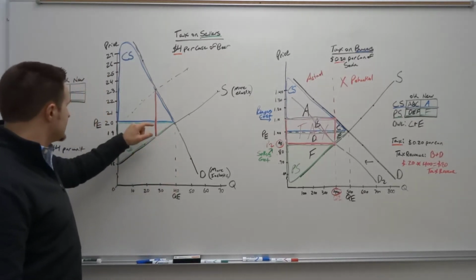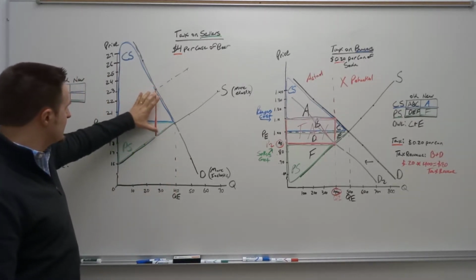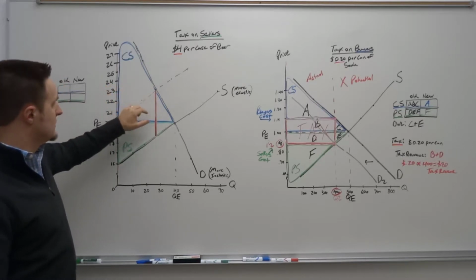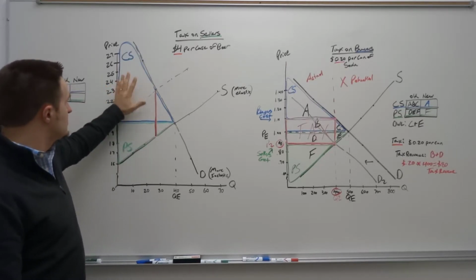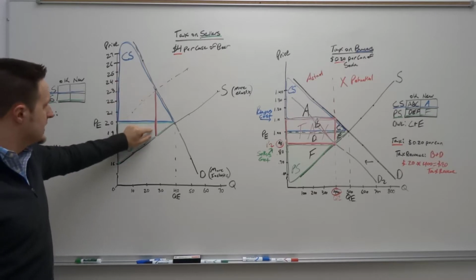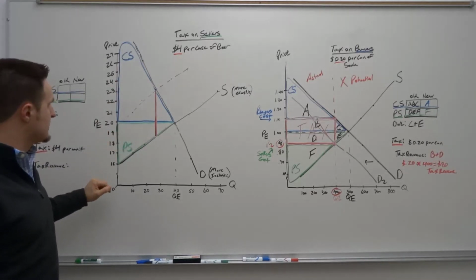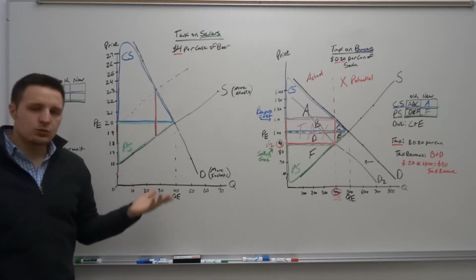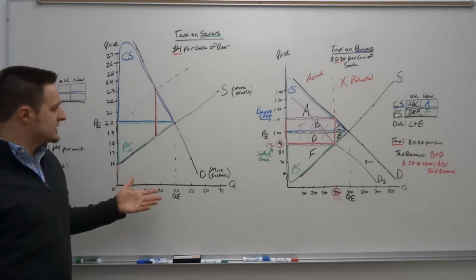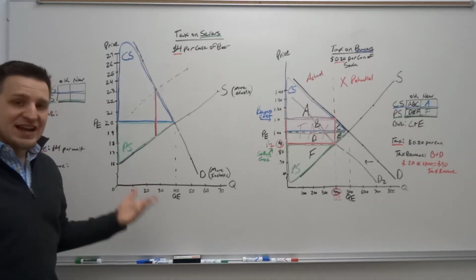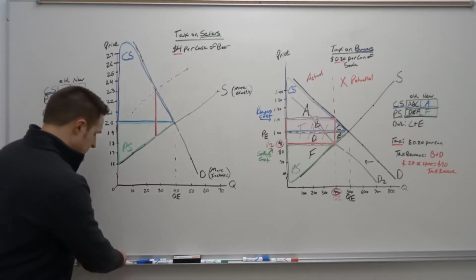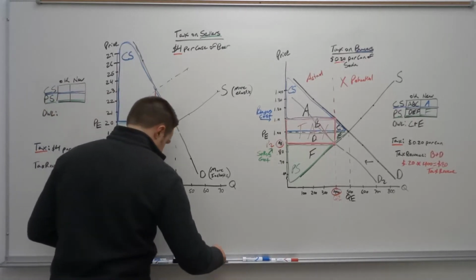This tells us that the tax is going to fall mostly on the consumers. Notice that the tax wedge pokes mostly into the consumer surplus and only a little bit into the producer surplus. So that means that right away we know that the incidence is mostly on the buyers, not the sellers. We'll come back to that in just a moment.